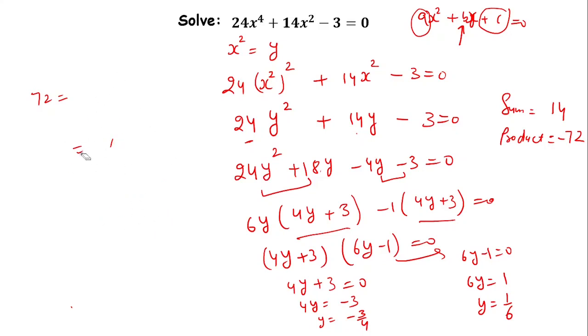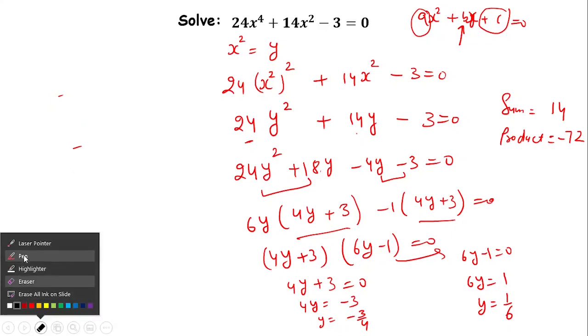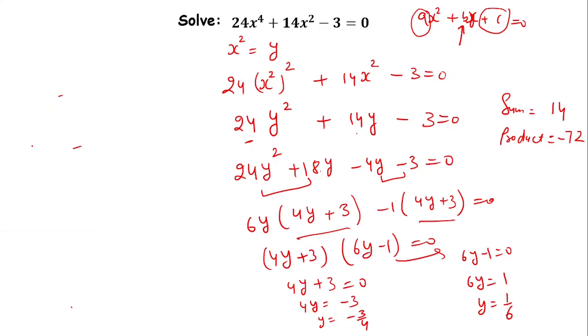And what I found is the value of y. So let's take the first case: y equal to minus 3 upon 4. The second case: y is equal to 1 over 6. Now in this case y is x².